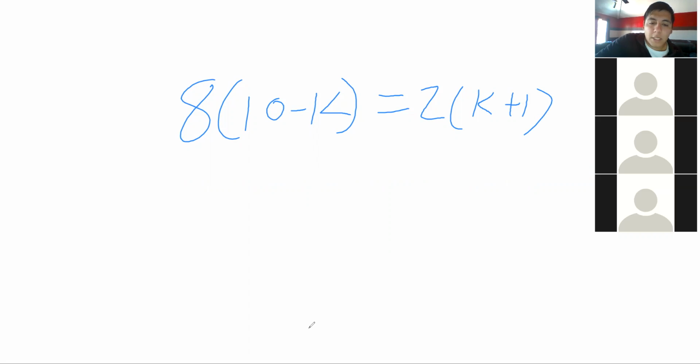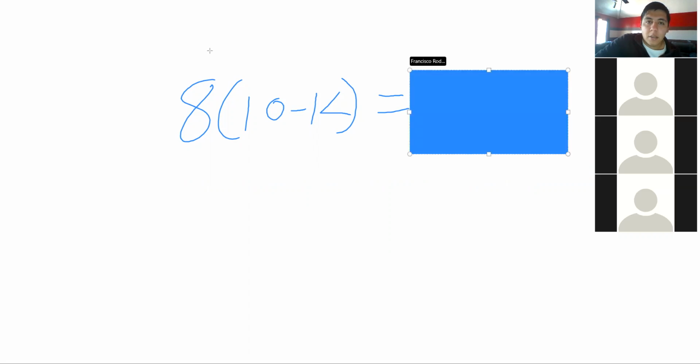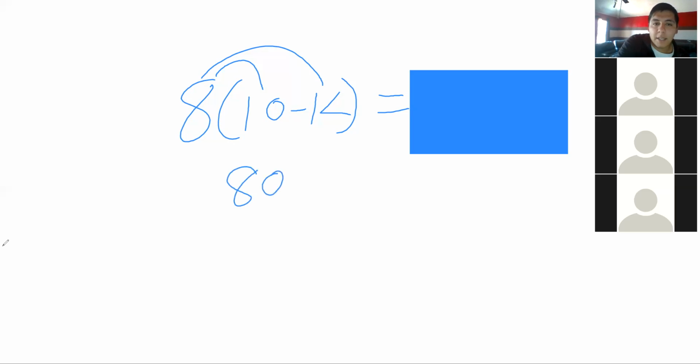So focusing on each side again. What do we first need to do right there? You distribute, right? Right, we're going to distribute. That means we're going to multiply into everything inside of it. So 8 times 10, that gives us 80. And then 8 times negative k, that gives us negative 8k. Yeah, negative 8k.